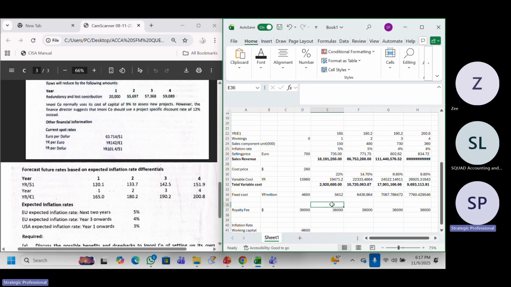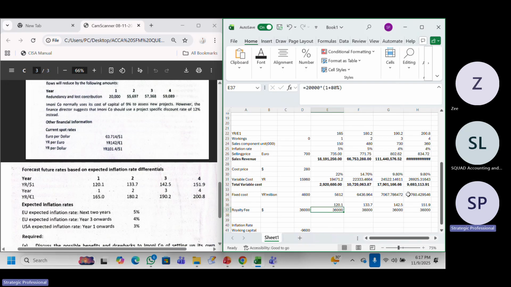They told us here that the exchange rate is 120.1 in the first year, then 133.7, then 142.5, then 151.9. So what do we do?